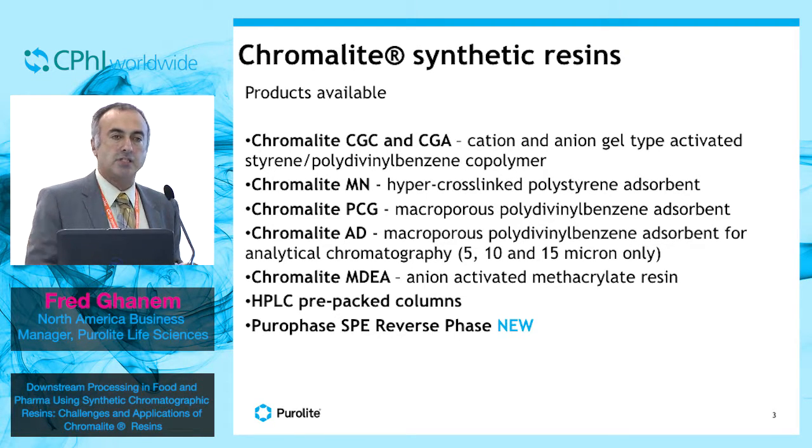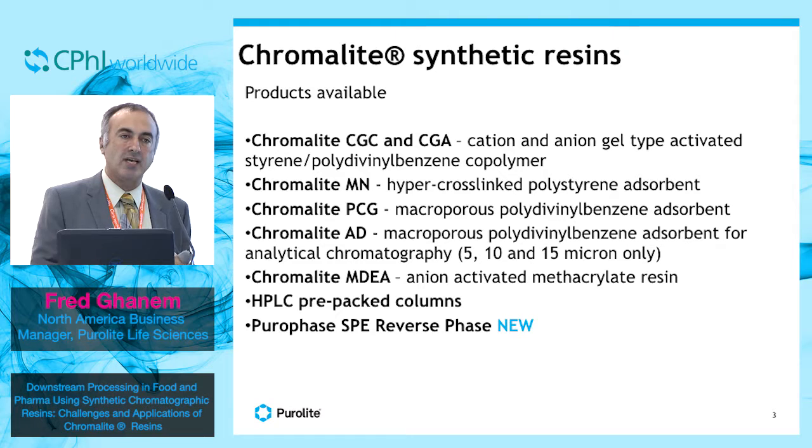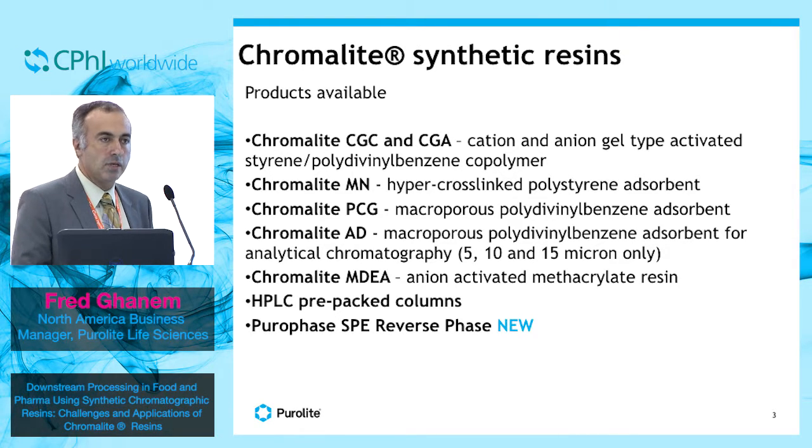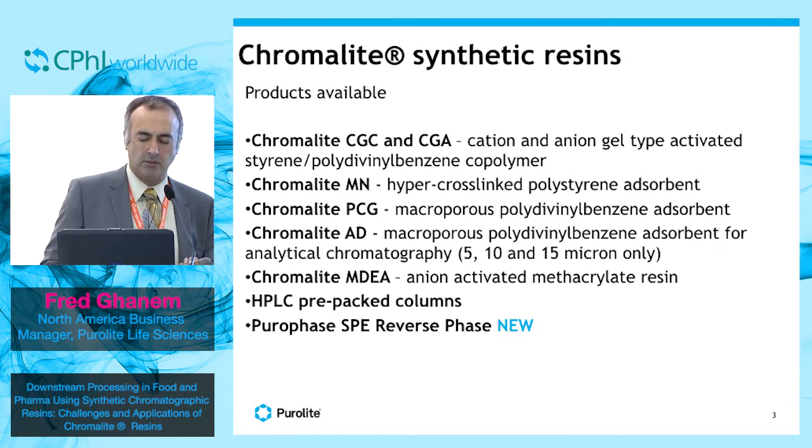Then we have various particle sizes for polishing and small molecule separations, or as you start getting into small protein purification, mainly based on hydrophobic interaction rather than ion exchange. When you get into much larger scale, 75 and 150 micron, you're talking about very large industrial chromatography applications, with thousands of liters in a chromatography column.